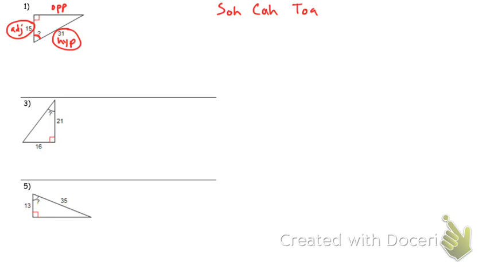So now, based on adjacent and hypotenuse, which one of those uses adjacent and hypotenuse only? And that answer is cosine. So we now know that we're going to use cosine of our chosen angle.